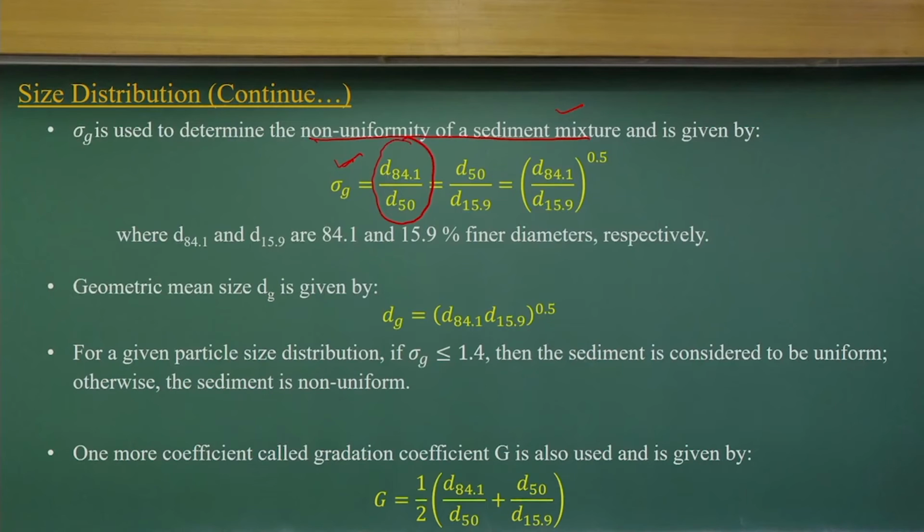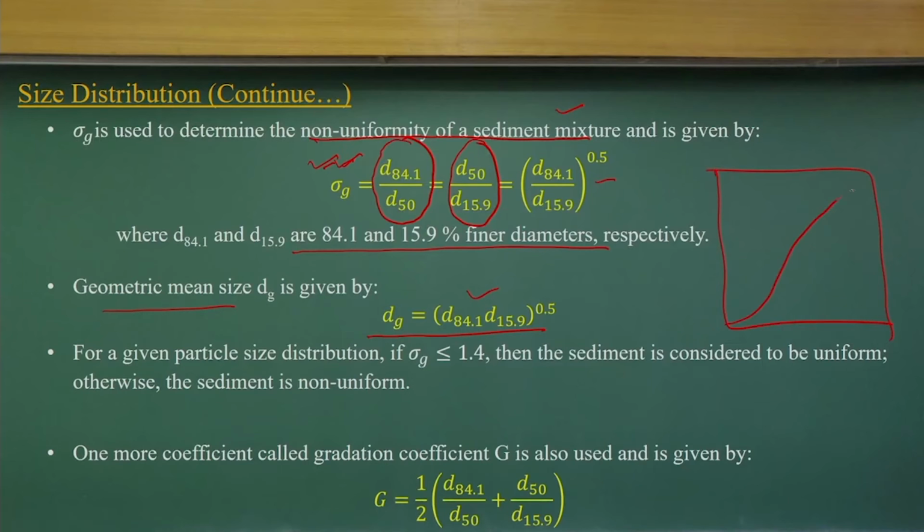So the particle size for the 84% finer and the particle size for the 50% finer, which we can get from the particle size distribution curve, or you can use D50 and D15.9 and so on. You can compute it from the finer diameters. There is also a geometric standard deviation in terms of D84. So again I have to draw it.